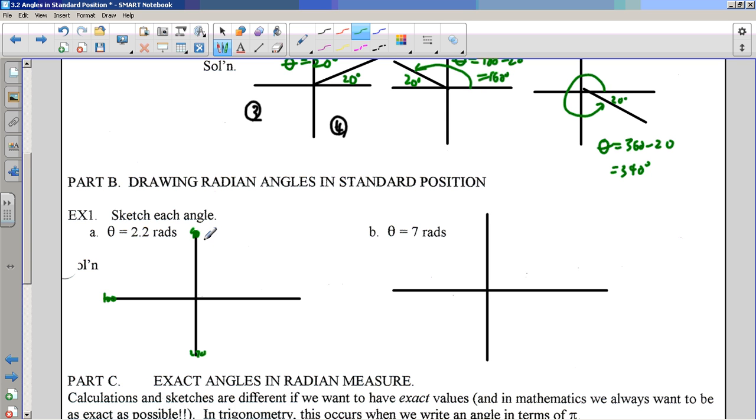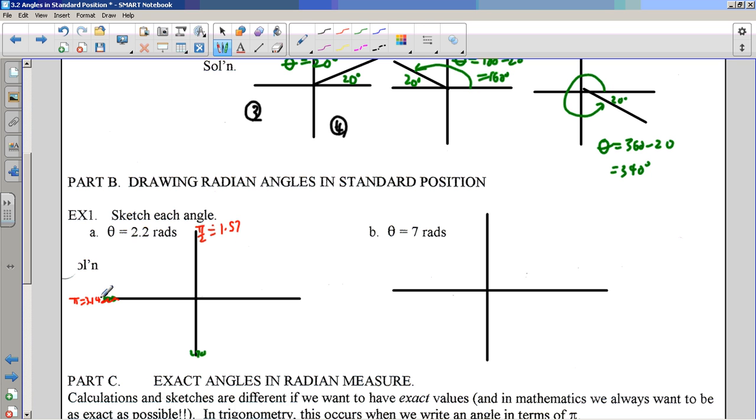Hopefully you got that 90 is pi over 2, which is about 1.57 radians, and instead of 180, this is pi, which is 3.14.